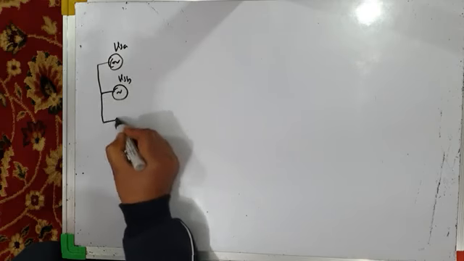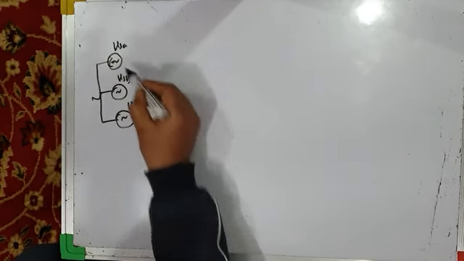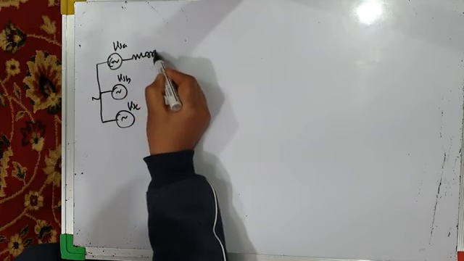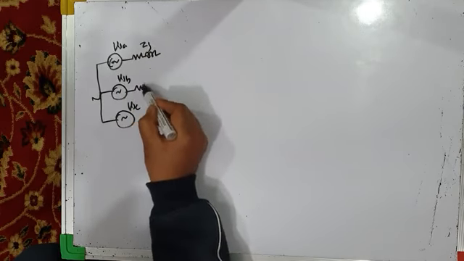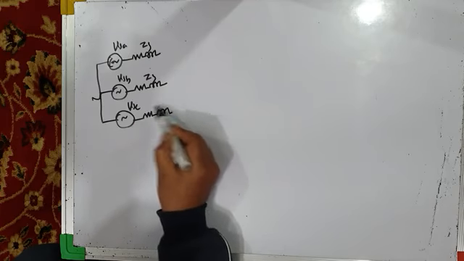VSA, VSB, VSC. This is source impedance ZS, ZS, ZS.